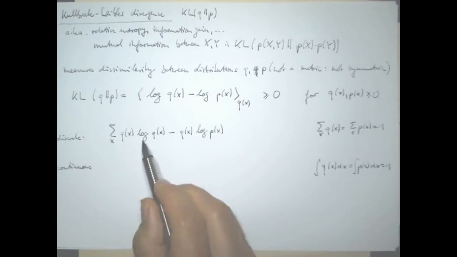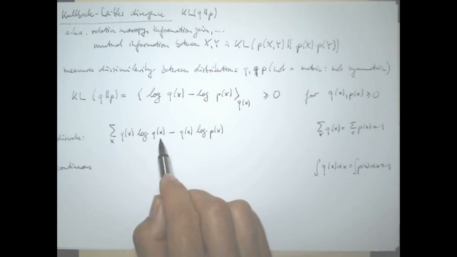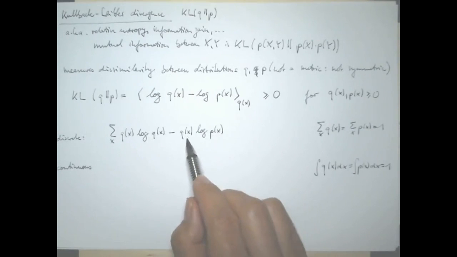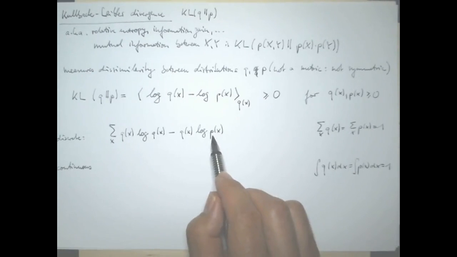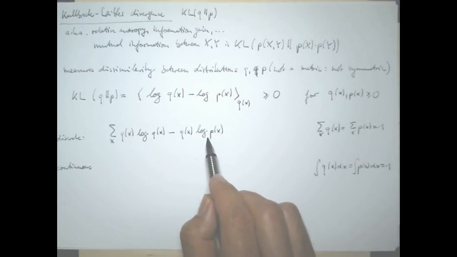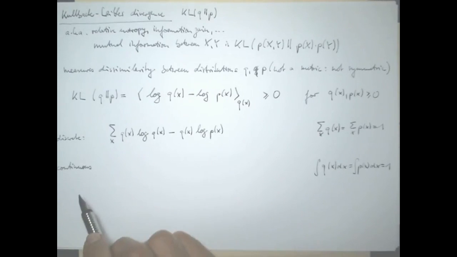So I was saying that this part is interpreted as 0 when we have 0 log 0, but if this is non-zero and this goes to 0, yes, we have a problem. So they should have the same support. You're right.